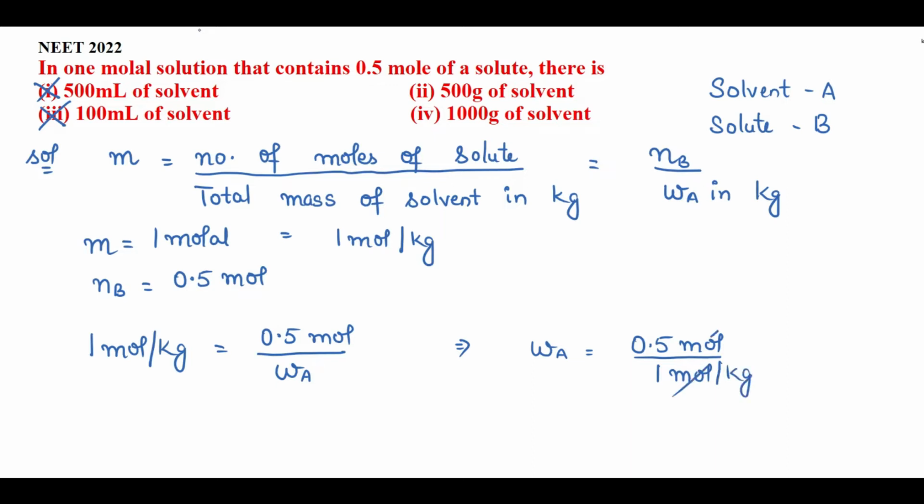I'll cancel mole with this. Now here kg inverse is in the denominator. When I take this kg to the numerator, it will change its sign, right? So WA will be 0.5 kg, and if I convert kg into gram, it will be 500 gram. So according to that, my second option is the correct one.